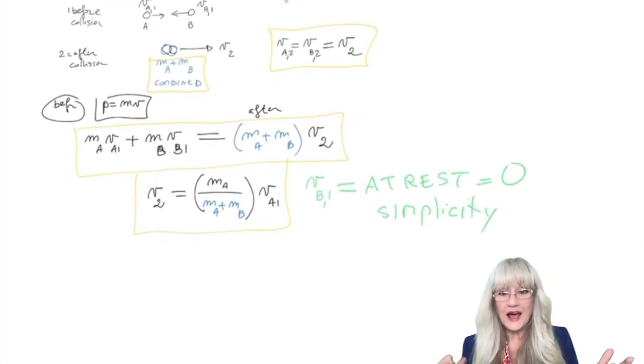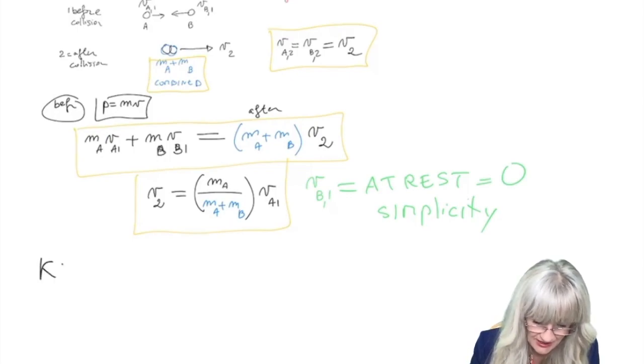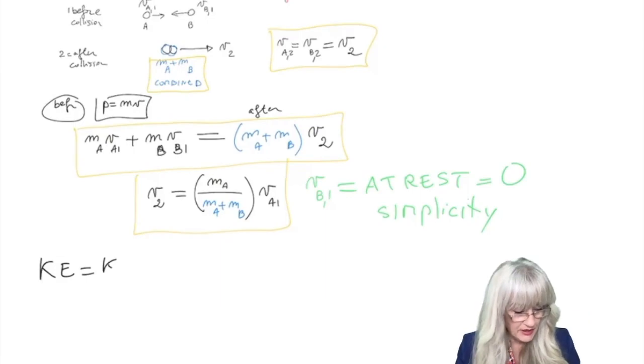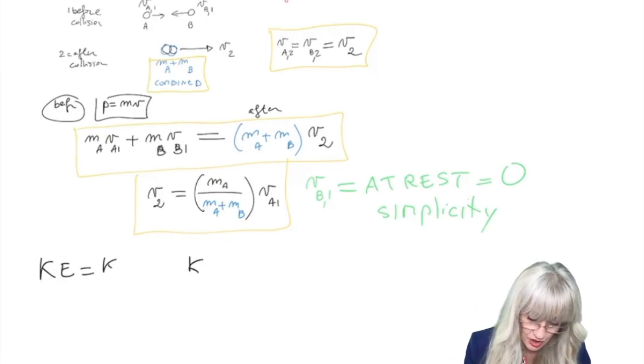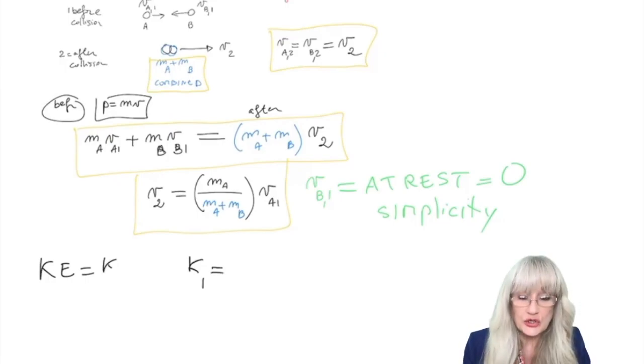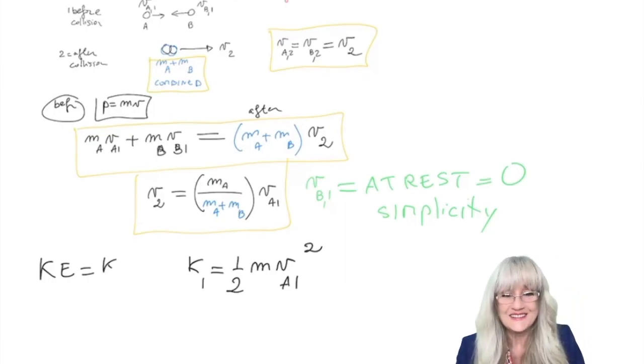So we are almost done with inelastic. A couple of considerations about the kinetic energy K. Remember, the kinetic energy of body A before the collision will be 1/2 the mass times the velocity of body A before the collision squared.